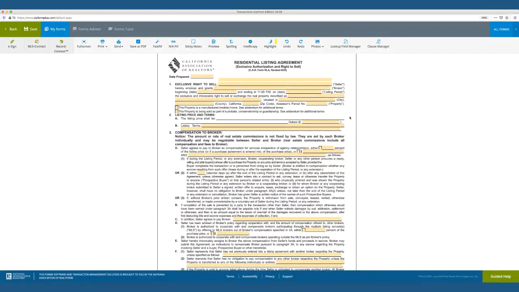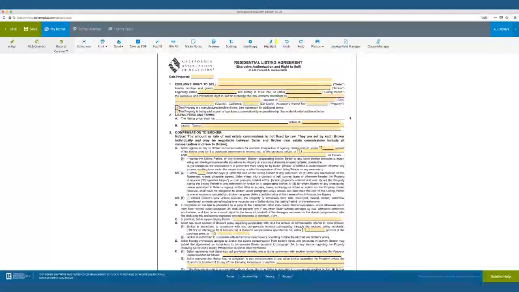Well, the listing starts, I suggest, on the day that the listing is signed. And if you have things that need to be done, you could put it in coming soon and not show it until that's done, because coming soon doesn't accumulate days on market. You can exclude it from the MLS for that time period. And once again, it doesn't accumulate any days on market.